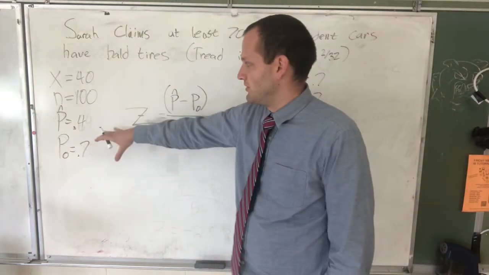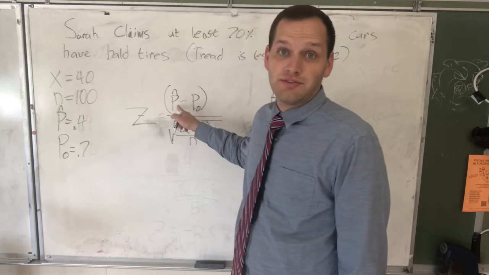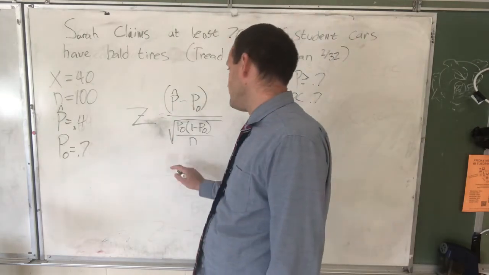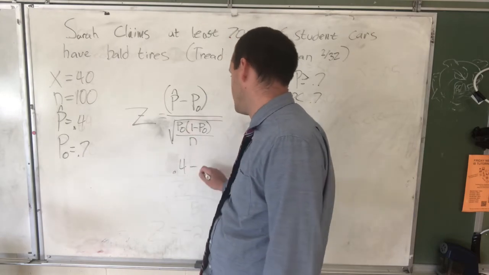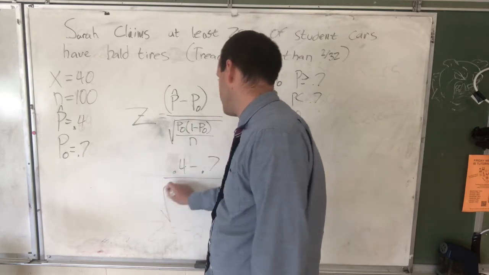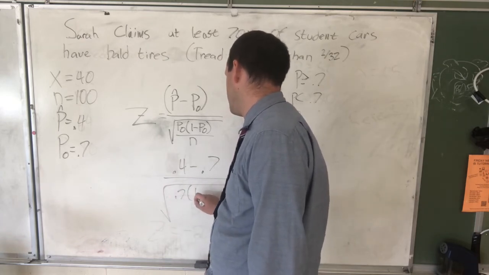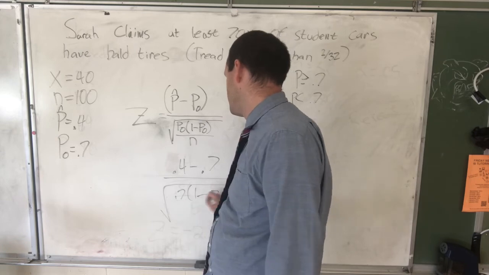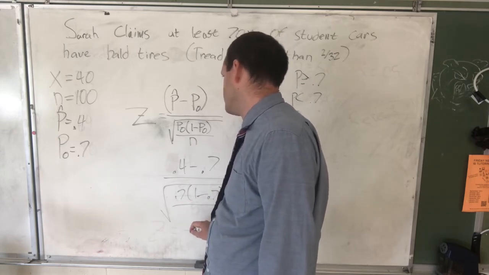Let's take these numbers and plug them in here. We've got p-hat, our sample proportion, is 0.4 minus 0.7, divided by the square root of 0.7 times 1 minus 0.7, divided by 100.